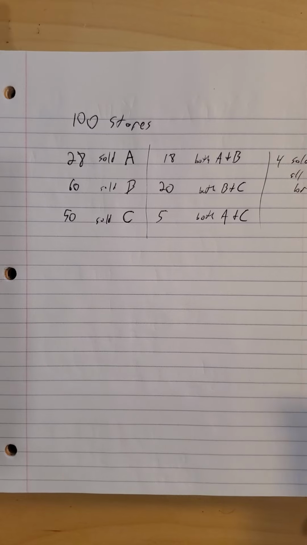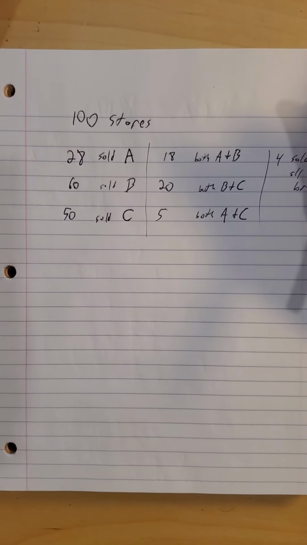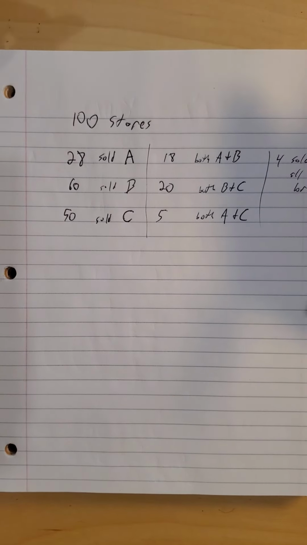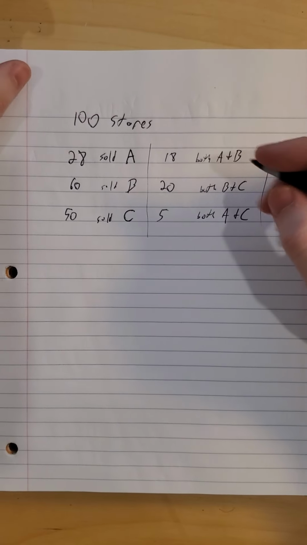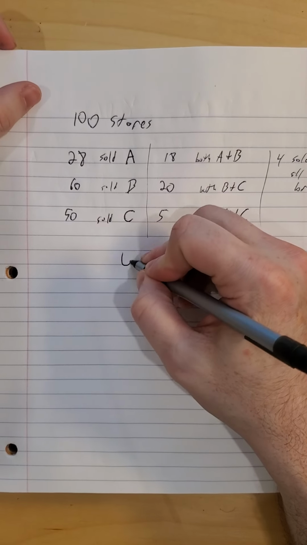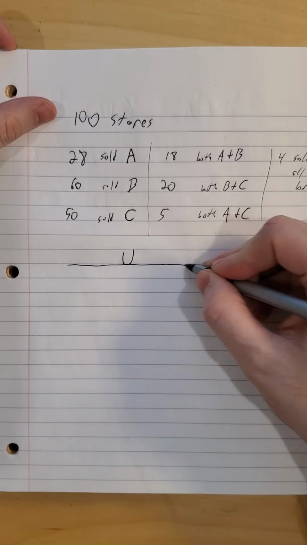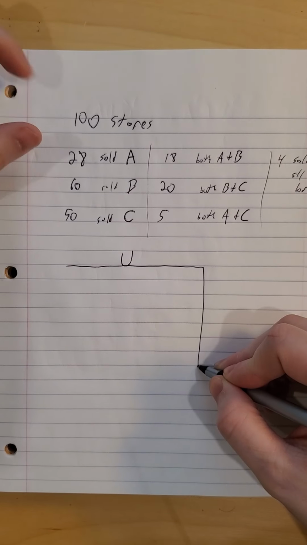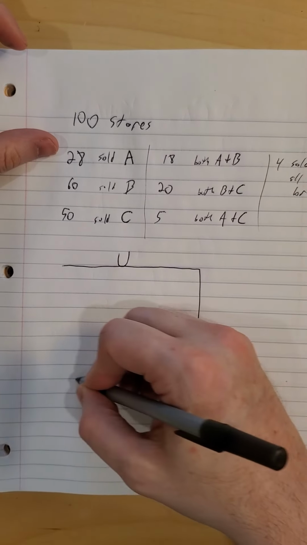So we're going to make another Venn diagram, again, not with the elements, but with the cardinalities of the different regions. So we have our universal set U, so that covers all 100 stores in the survey.